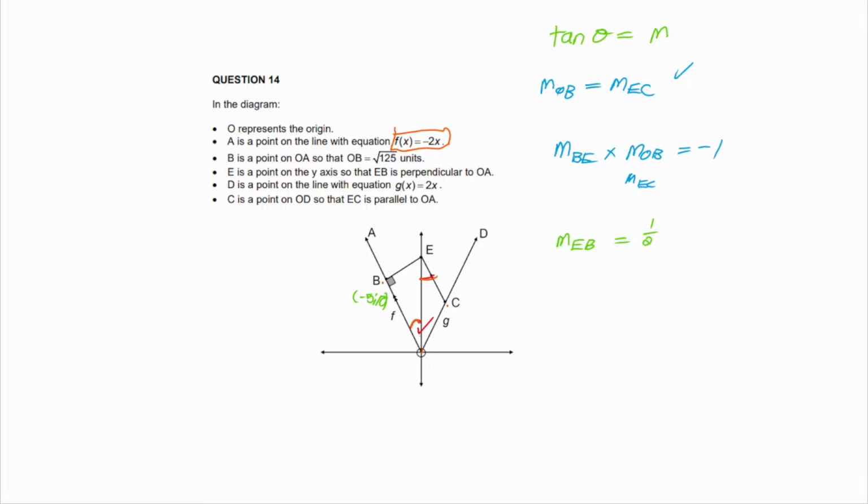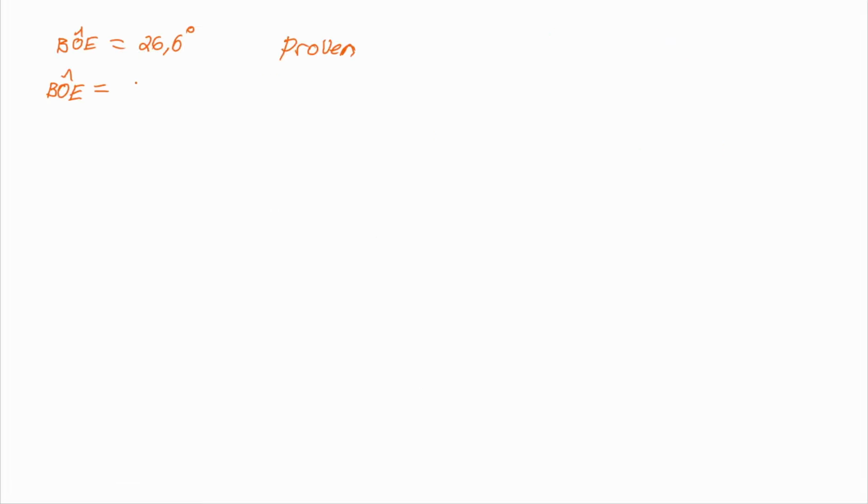Okay. So I'm going to be saying that angle BOE is equal to 26,6 degrees, and I've already proven that before. Okay, so I'm going to be saying that angle BOE is equal to angle OEC, this angle over here, and that's also equal to 26,6 degrees, and the reason there is these parallel lines.